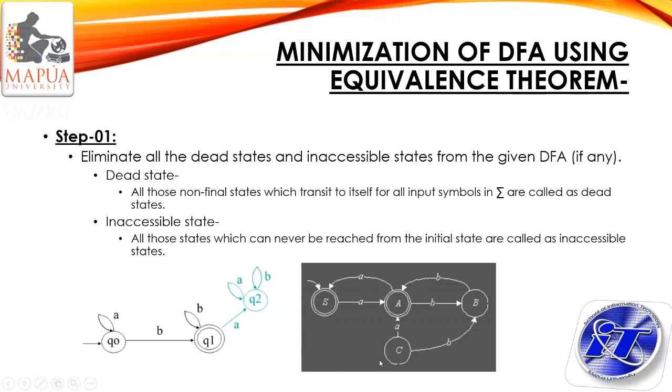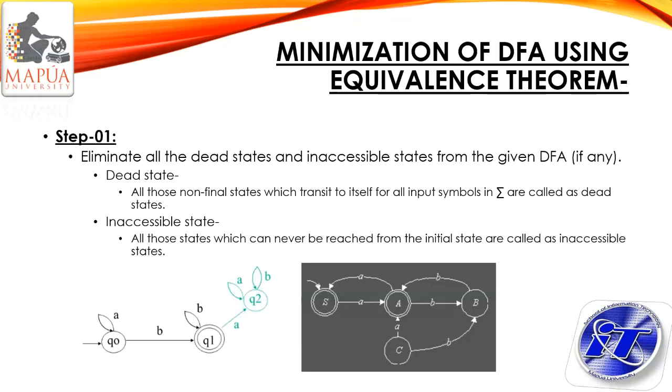As you can see, there is no input going to C, only values leaving, going to A or B. If we have a dead state and an inaccessible state, remove them to get the minimized DFA. That's step 1. We already removed one state here and another state here, so we have somehow minimized our DFA by removing these two states.